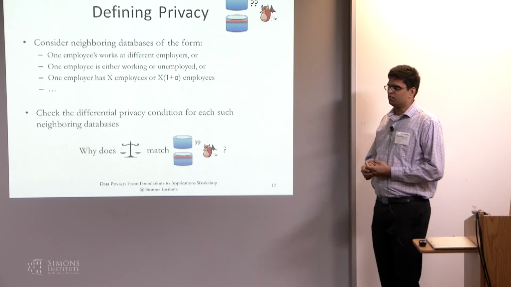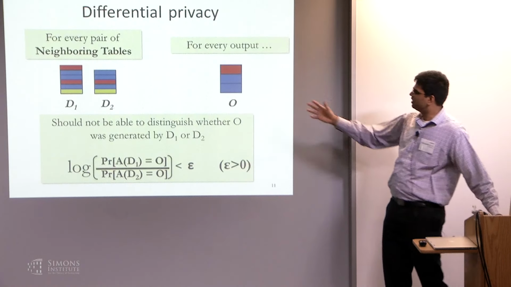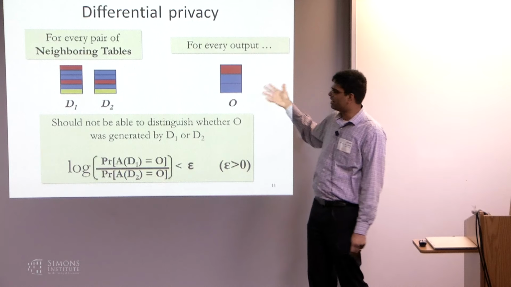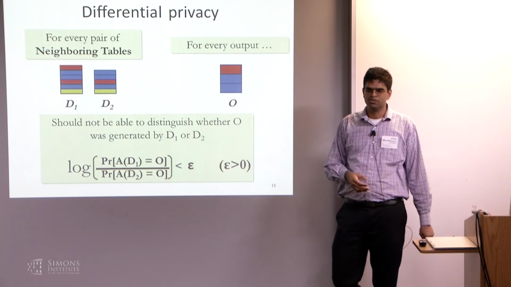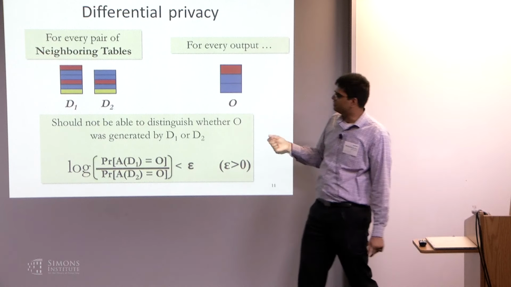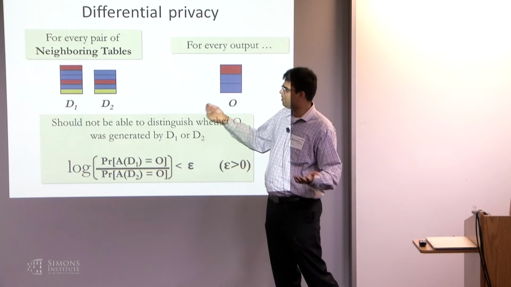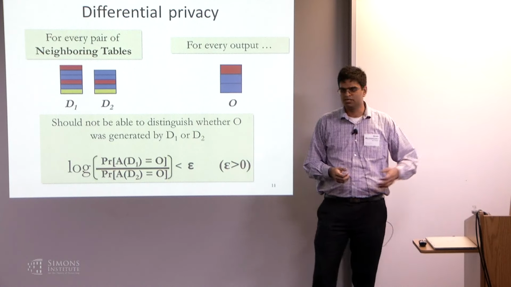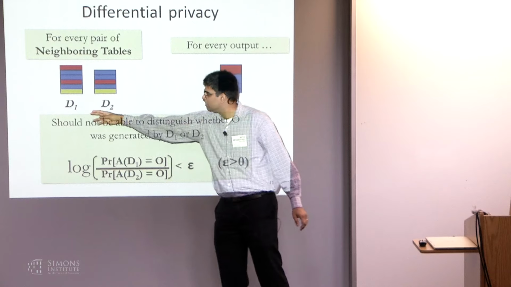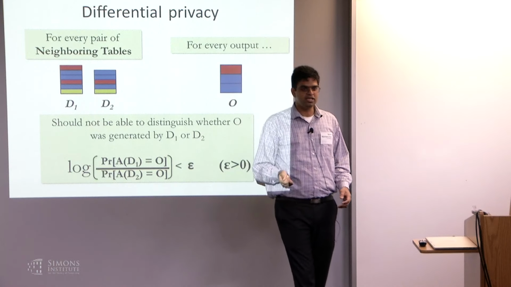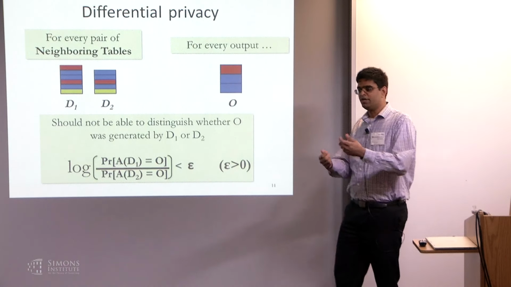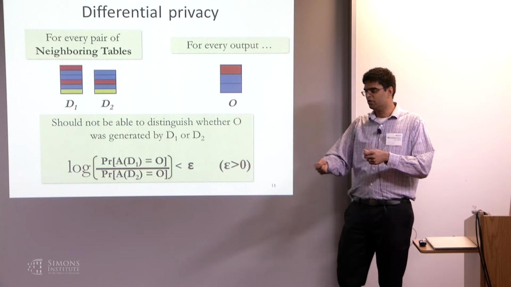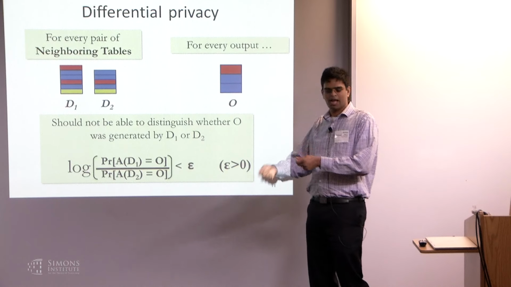When your definition is nice, it has very nice semantic interpretations in terms of the fact that any informed adversary with some sort of prior over databases, whatever they learn here, they can learn in the case where one of the records in the database has been removed, or one of the records has been added, right?